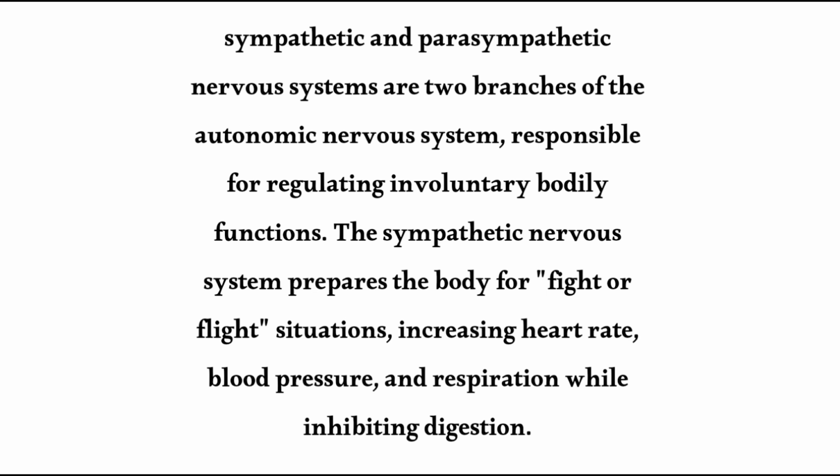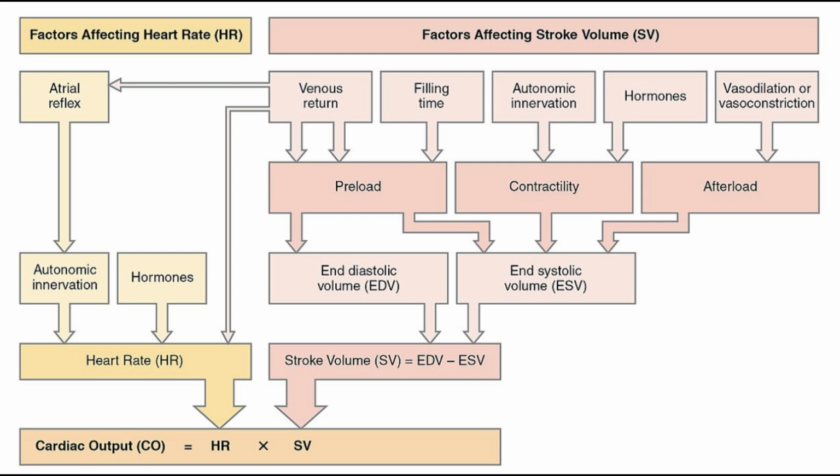Then the factors that affect the stroke volume, we have known the factors in detail, preload and contractility and these types, but the main thing is the formula for stroke volume, which is end diastolic volume minus end systolic volume. The stroke volume is controlled by three major things.